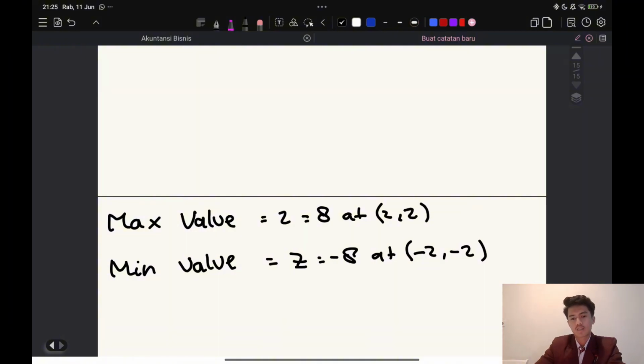These are absolute extrema because the constraint x^2 + y^2 = 8 forms a closed bounded region, a circle, so the function must attain maximum and minimum values within it. Thank you.